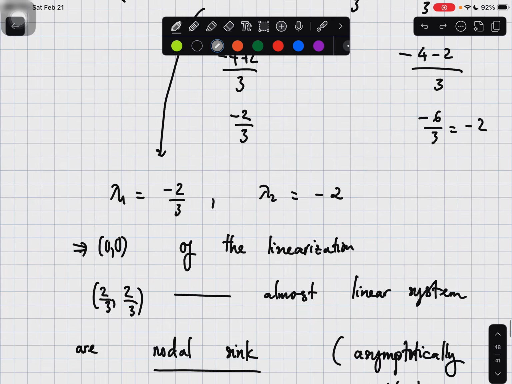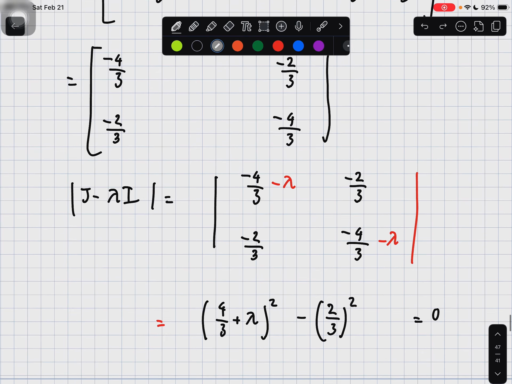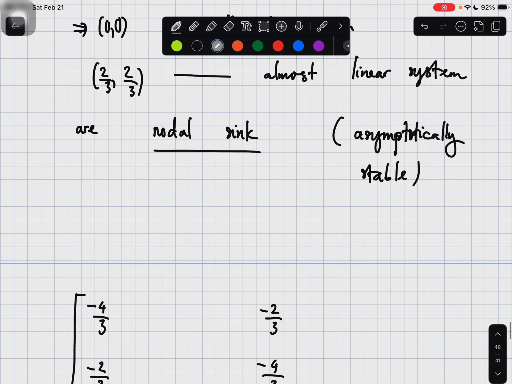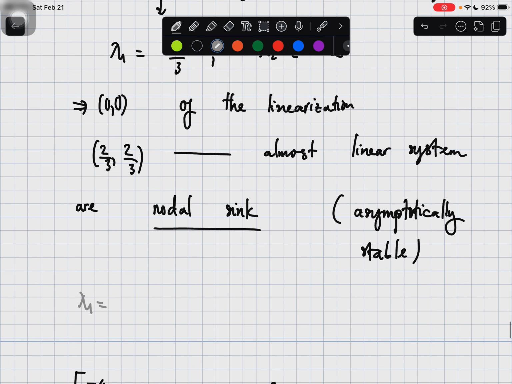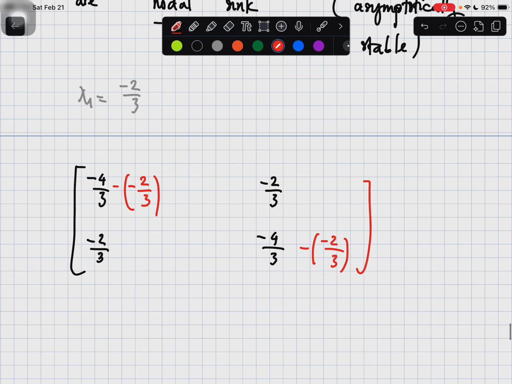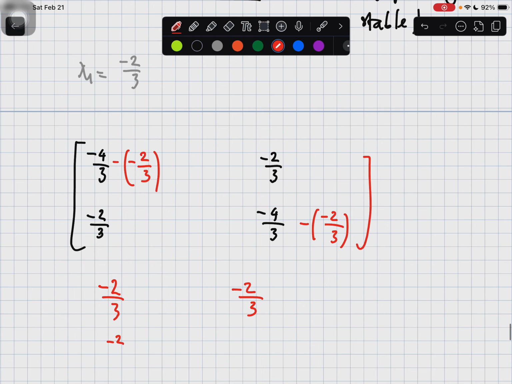I need to compute the eigenvectors to sketch the picture. For lambda 1 equal to minus 2 over 3, we have minus 2 over 3 minus that, so minus 2 over 3, minus 2 over 3, minus 2 over 3, minus 2 over 3.